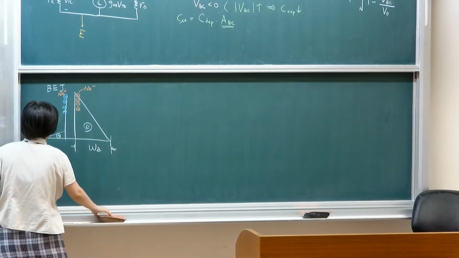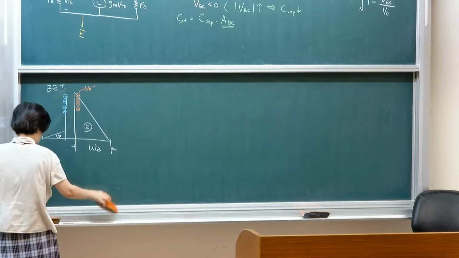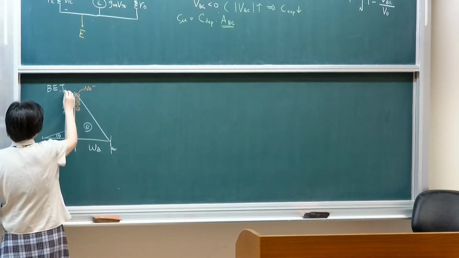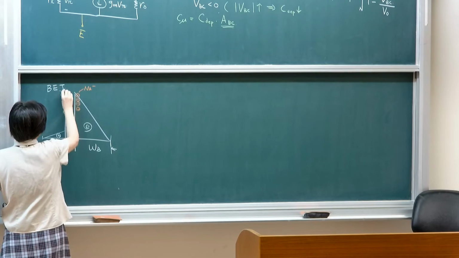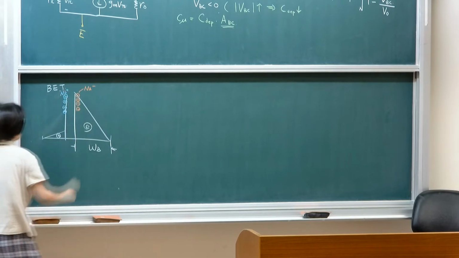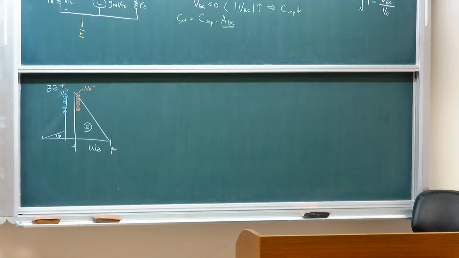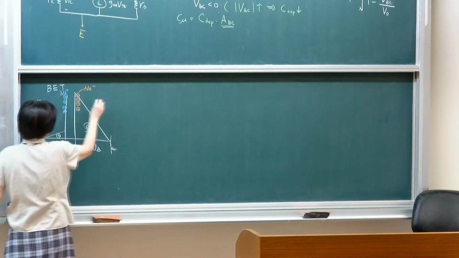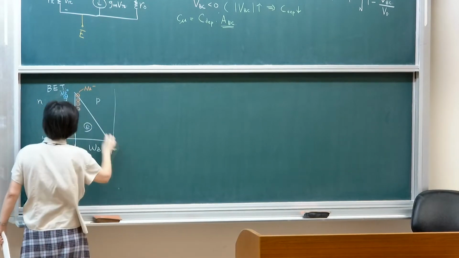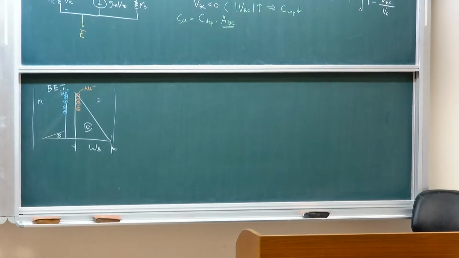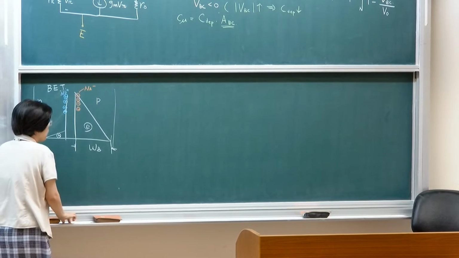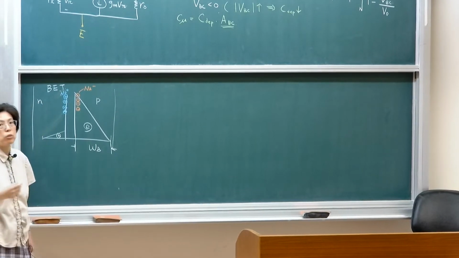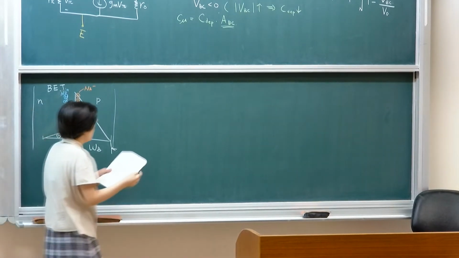So you will have depletion capacitance. Basically, remember this is NPN, so this is the NP region. I'm using an NP region to describe this. So there are two types of charge that will then contribute to two capacitances.